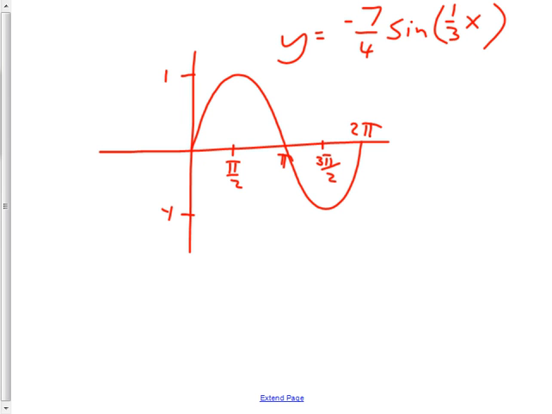Okay, next. The period of this thing, who knows the formula? 2 pi over b, very good. And what is b? When I put 1/3 down here, that really means 2 pi divided by 1/3, which would be the same as 2 pi times 3.